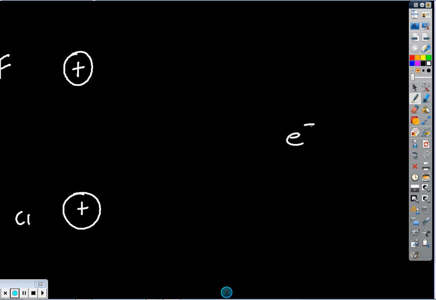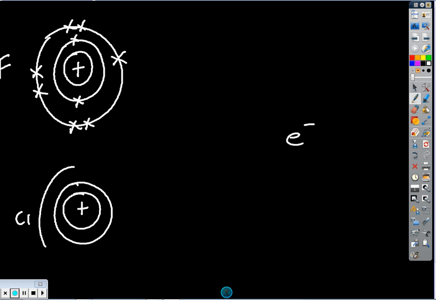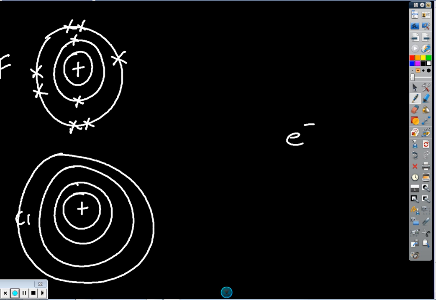So we know that fluorine has an electron configuration of 2, and then we have, of course, 7 electrons in the outer shell. We know that chlorine has got 2, and then it has 8, and then I'm going to go over my other chlorine here.